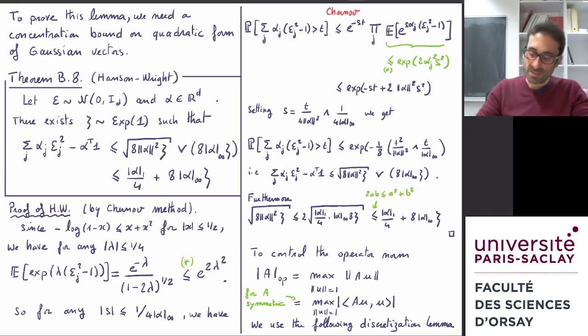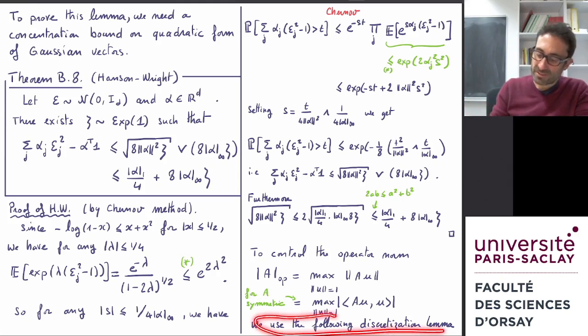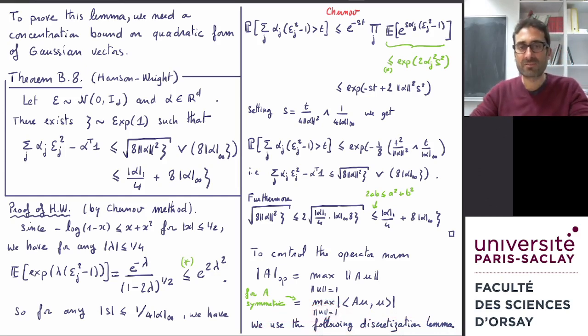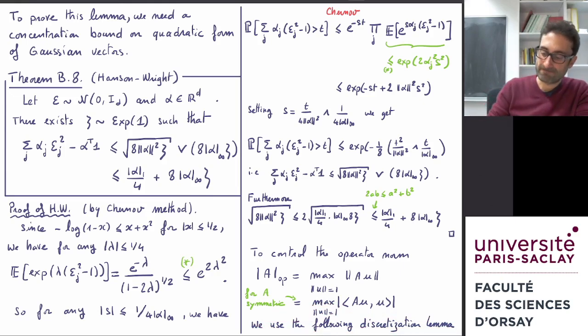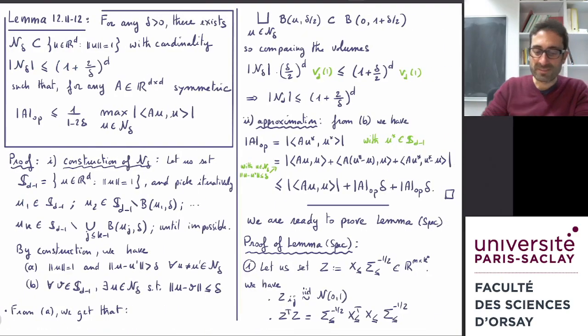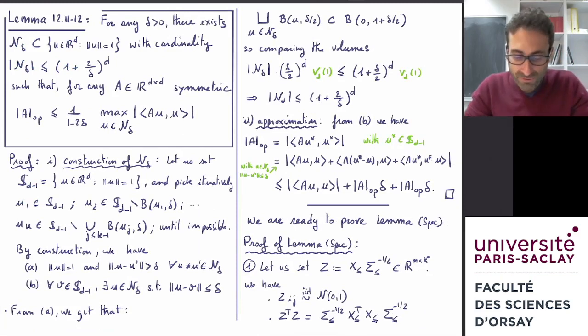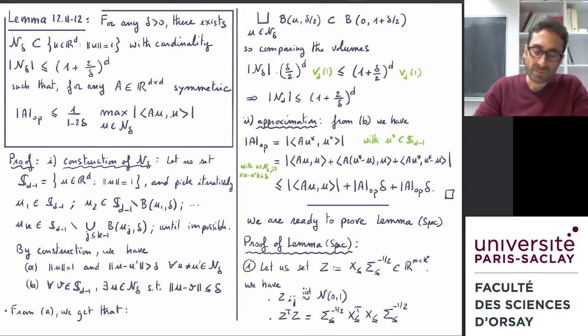But here we have a maximum over the whole sphere, so we cannot just take a basic union bound, because otherwise we just get plus infinity. So what we'll do is to use the following discretization lemma, which will replace this maximum over the sphere by a maximum over a finite set, so that we'll be able to use a union bound. Let us state and prove this discretization lemma.